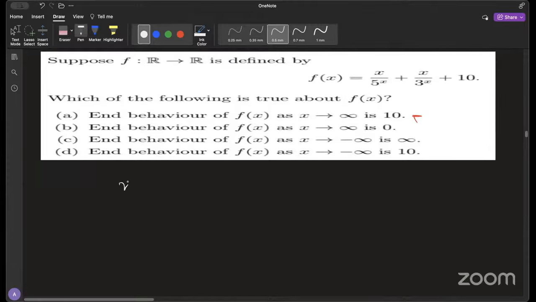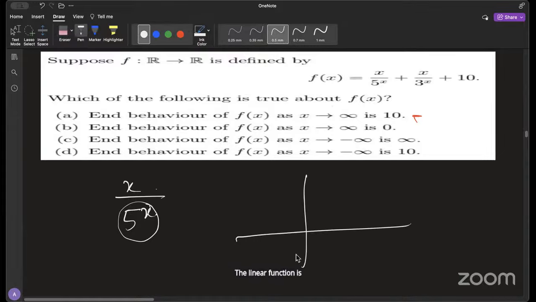The function is x over 5 to the power x. Let's first discuss this. Now, this is an exponential function, and this is just your straight line, a linear function, right? A linear function is like this.